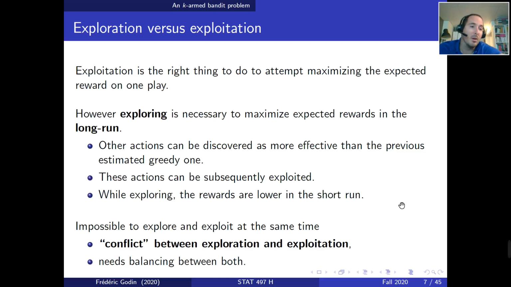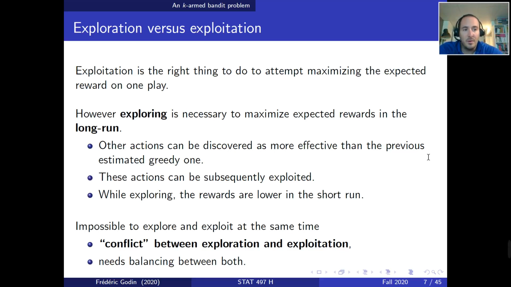And if you're able to find a new lever which has a higher value than the one you think is currently optimal, then later on you will be able to sample this new lever very often and reap some reward. So exploring is necessary because actions other than the one deemed optimal currently can be discovered to be more effective than the greedy one, which is the one thought to be the best as of now.